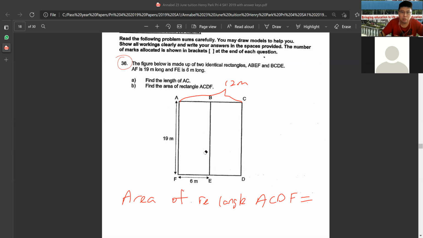Find the inside, the amount of space. How do I find the amount of space inside here? Not adding all the sides together. What must you do?